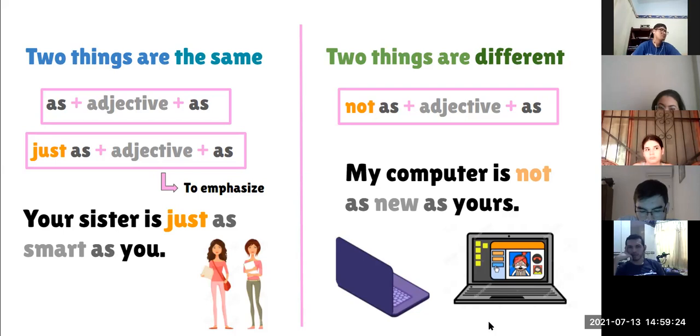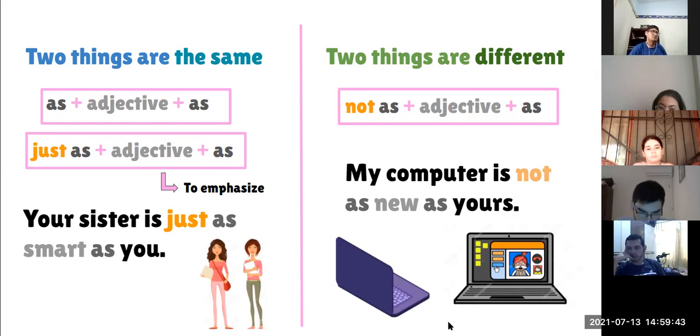Patient. Ok, entonces usted puede decir, my sister is just as patient as my mom. Ok, entonces sí o sí necesitamos un adjetivo para formar este tipo de oraciones. Just as patient as my mom. Ok. Very good. Good examples, guys.